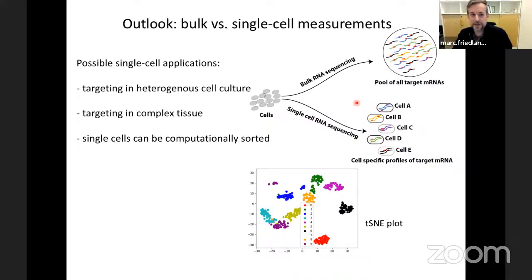When we profile 1 million cells, what would be very interesting would be to look into a heterogeneous cell culture. It could be, for instance, embryonic stem cells being differentiated into neurons, and see what's really happening in the individual cells during this dynamic change.